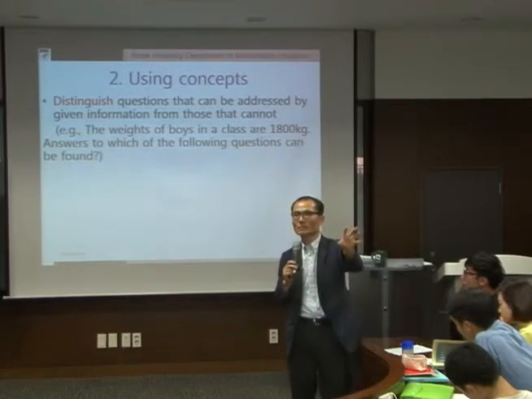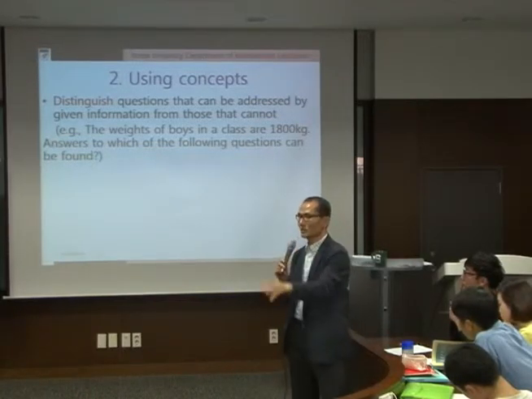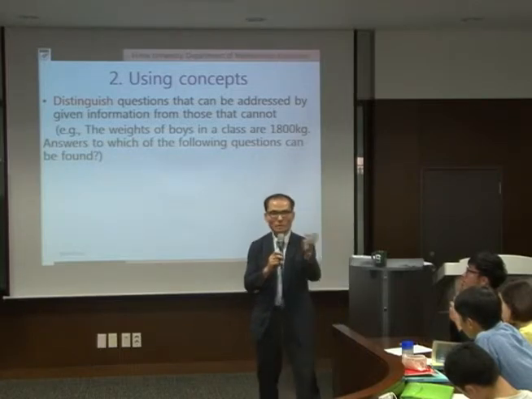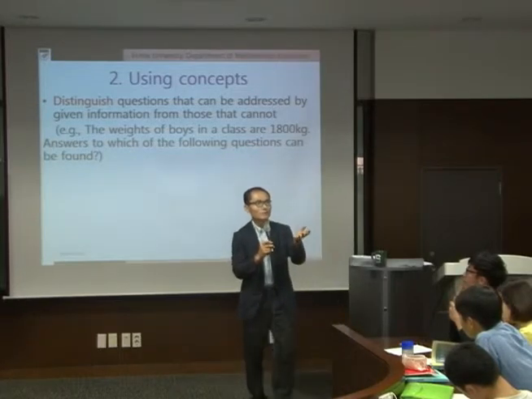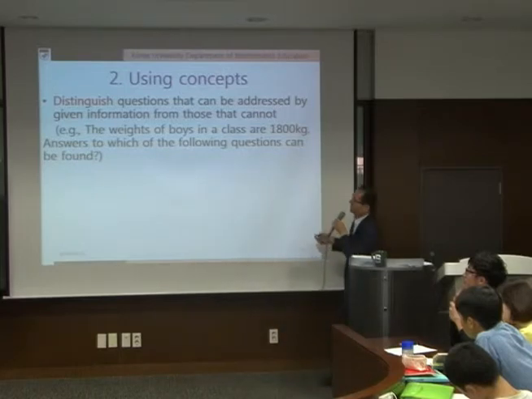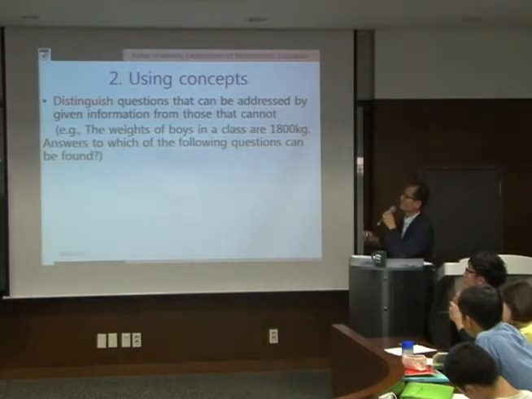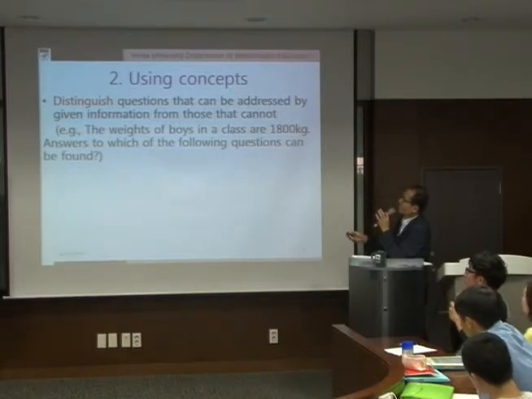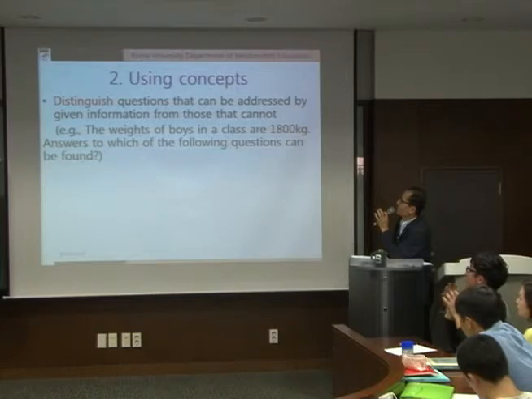Just for a given problem, students are supposed to solve that problem. But just think differently, the opposite way. Probably this is a good example in terms of opposite direction. For instance, take a look at this: the weight of boys in a class is 1,800 kilograms. Answer to which of the following questions can be found?